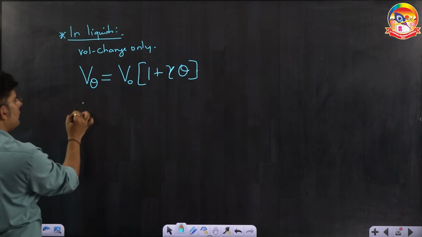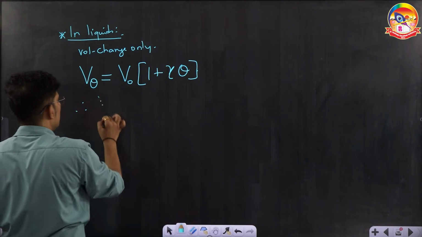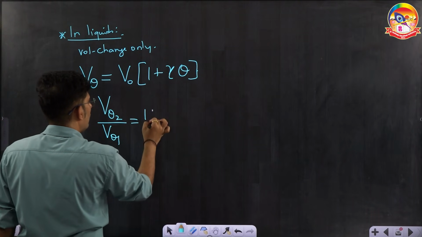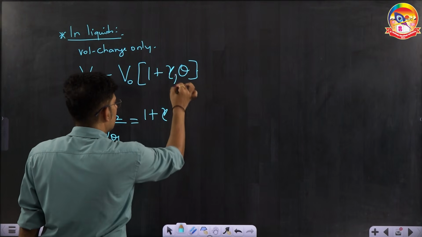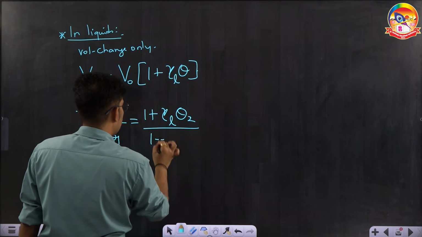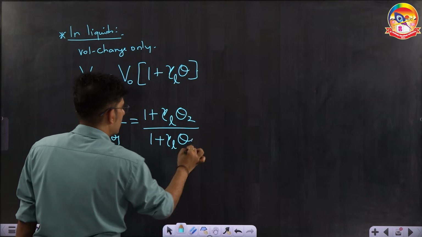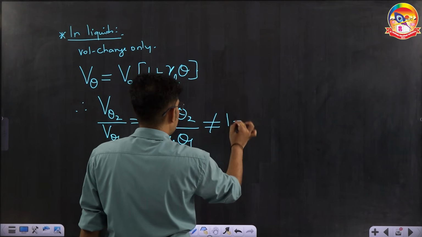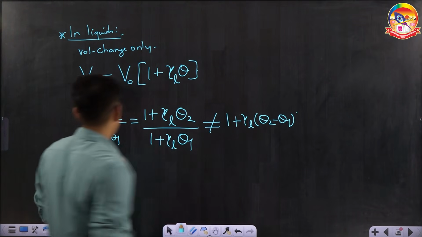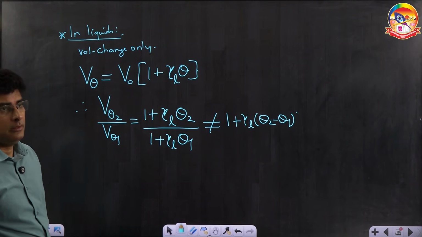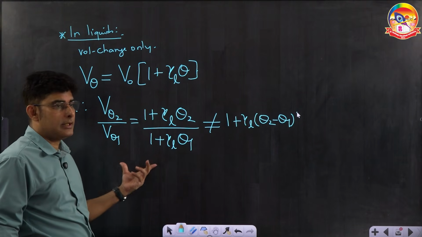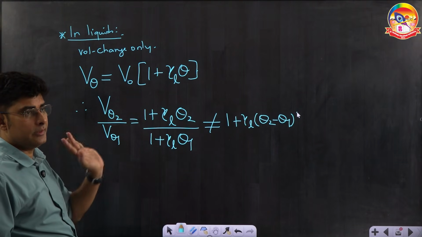So if you want to write for two different temperatures, you will use V theta 2 by V theta 1 is 1 plus gamma of the liquid theta 2 by 1 plus gamma liquid theta 1, and kindly don't use the approximation. You will not use this in case of liquids because gamma is large. For solids it is very small, so there we can use binomial approximations and other approximations. Here you won't. You will use this thing.